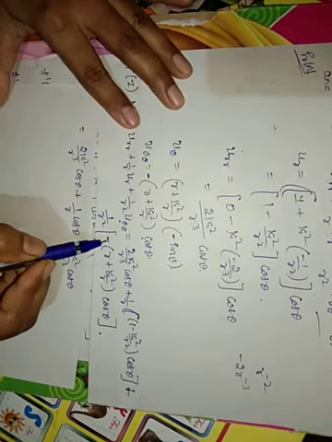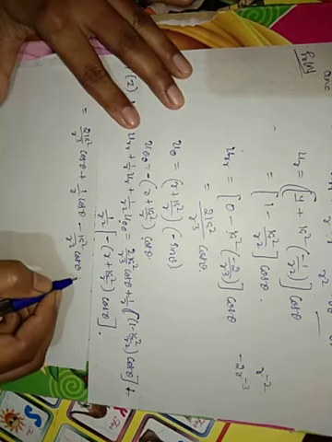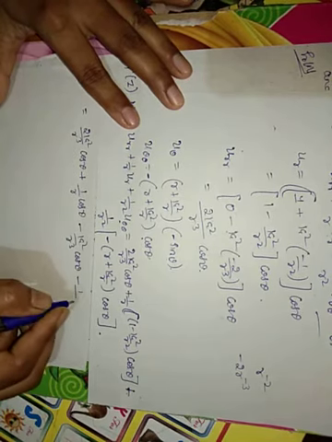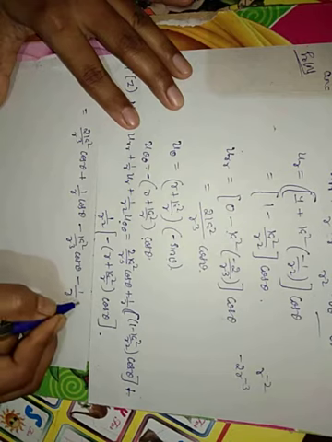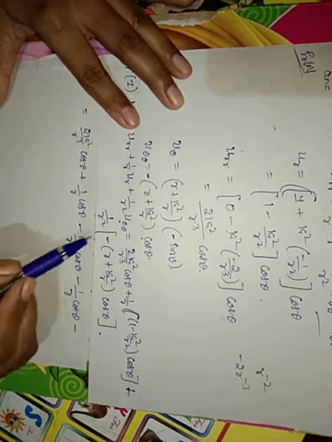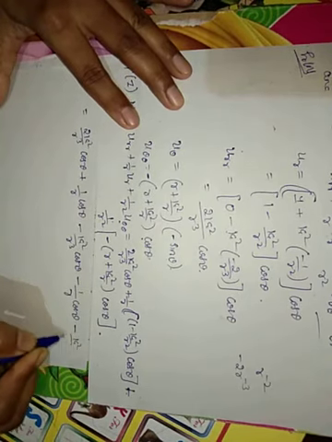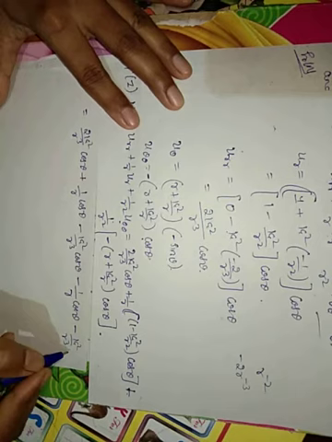Plus, into minus, minus 1 by r square into r is minus 1 by r into cos theta. Minus into plus, minus 1 by r square into k square by r is minus k square by r cube into cos theta.